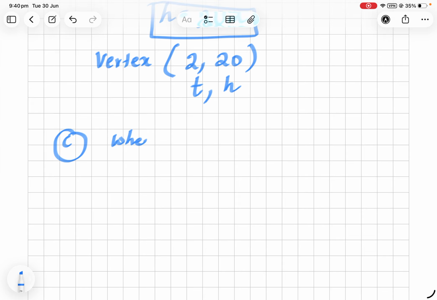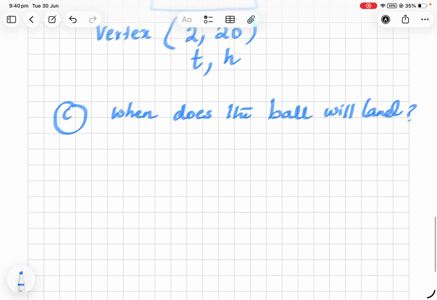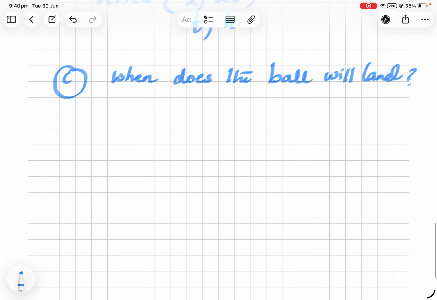So when will the ball land back on the ground? Now in our math world, when you kick the ball, it's coming back to the ground. So that means the height should be considered as 0.